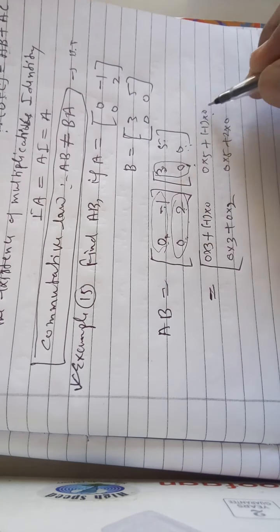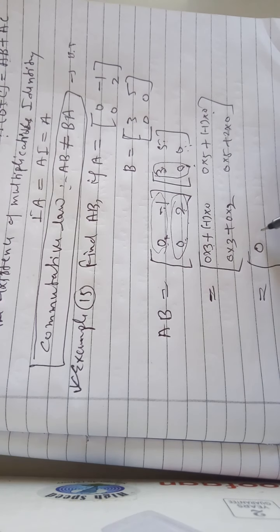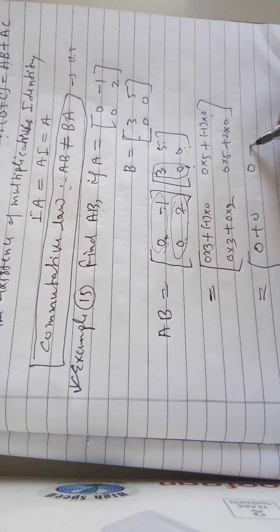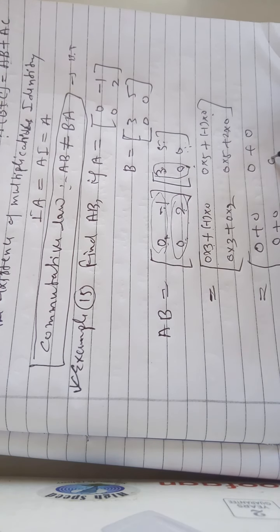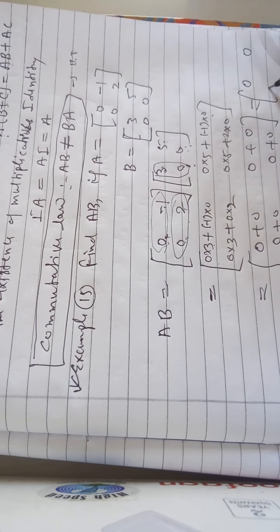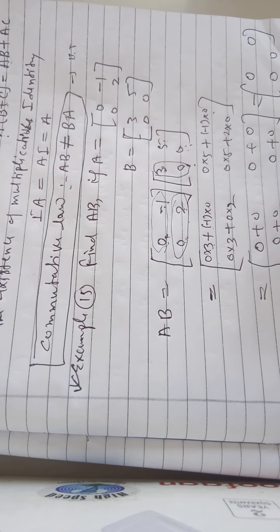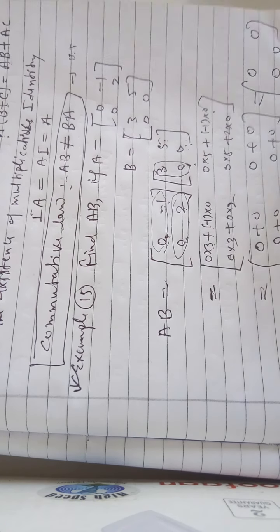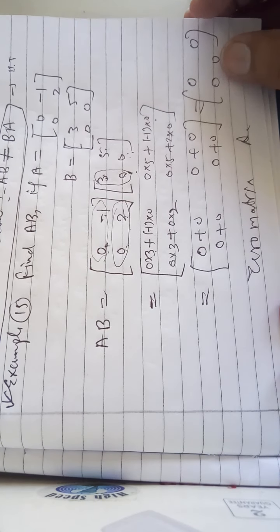Important question. All of these are 0. So this gives 0 plus 0, which is 0. This is a 0 matrix. That's your answer. Clear? 0 matrix.